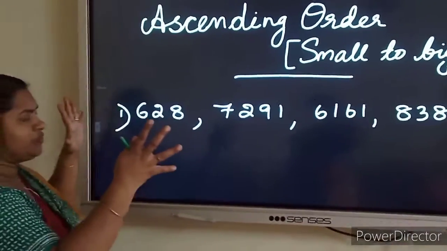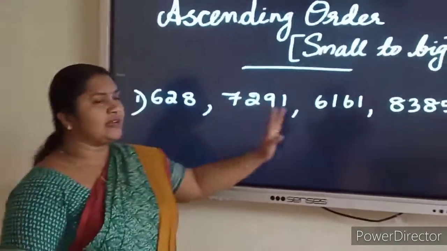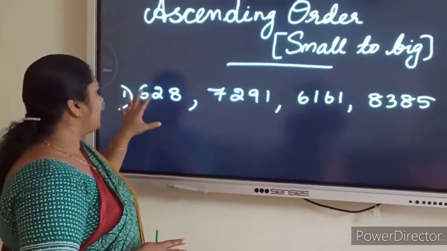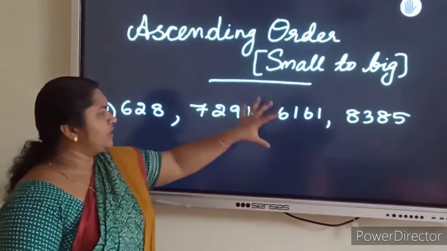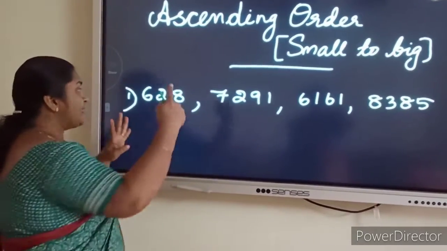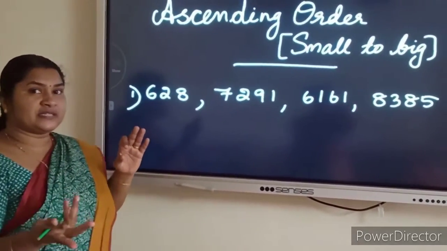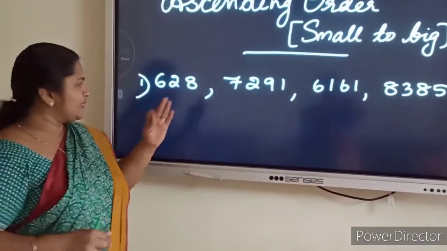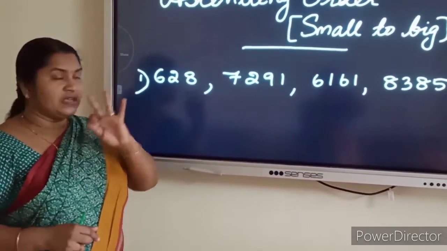So first we have to check how many numbers are here. 1, 2, 3, 4. 4 numbers are given and how many digits does this number have? Digits means the pieces. 3 we have.